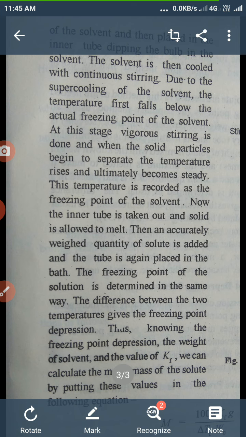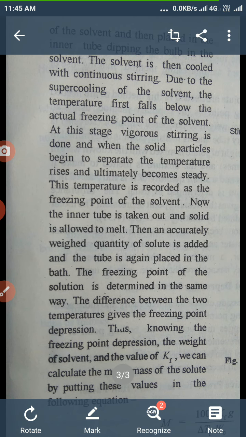Now, the inner tube is taken out and solid solvent is allowed to melt. Then, an accurately weighed quantity of solute, of which molecular mass we want to determine, is added and the tube is again placed in the bath. The freezing point of this solution is determined in the same way.